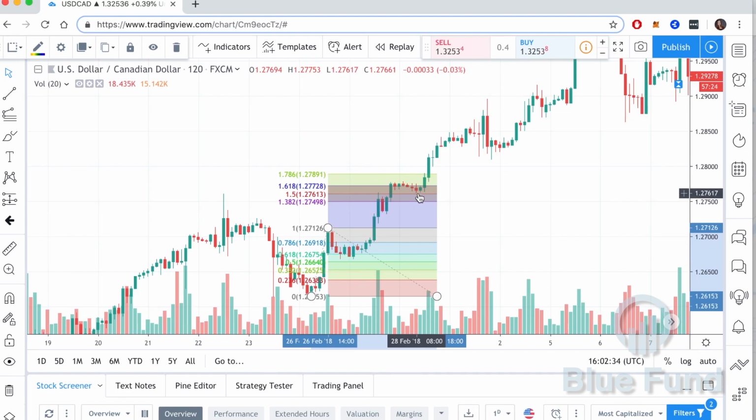So the extension provides you, again, with an approximate estimation of where the next impulsive wave is going to stop. So it's basically giving you the sell point. The Fibonacci retracement, which is these numbers right now, tells you approximately where you can buy into the trend.